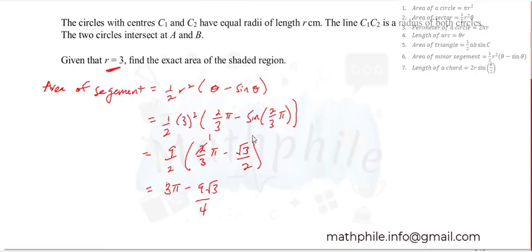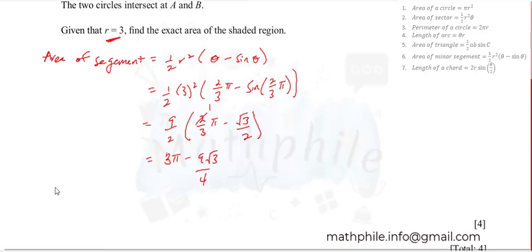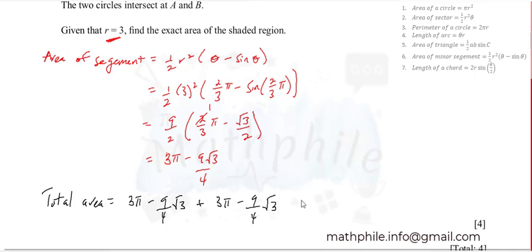So to find the total area, the total area is going to be equal to 3π minus 9 over 4 √3 plus 3π minus 9 over 4 √3. And if you do your sums correctly, 3π plus 3π should be 6π, double of 3π.